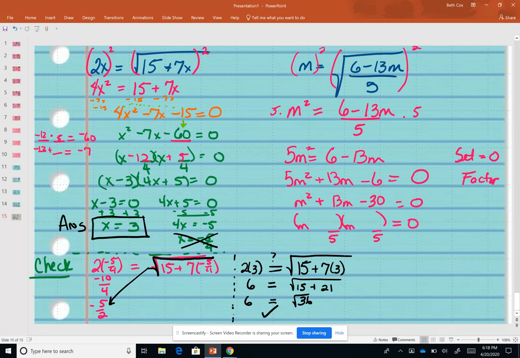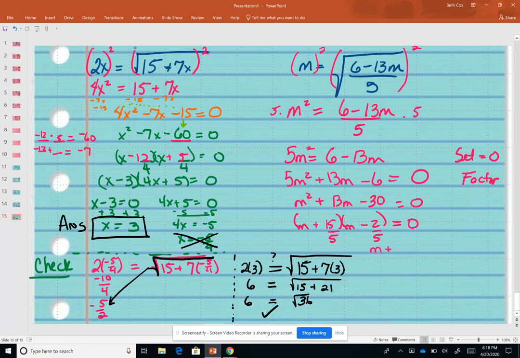Okay, so let's find those numbers. Two numbers that multiply to give me 30, and they're going to subtract to give me 13. It's not 10 and 3 this time, because that wouldn't give me 13. This needs to subtract to give me 13, so it's going to be a 15 and a minus 2.